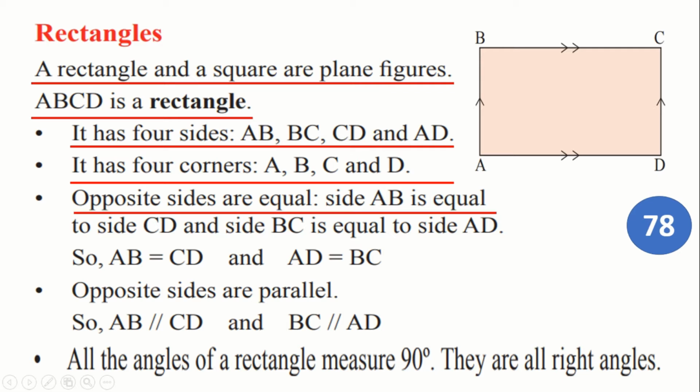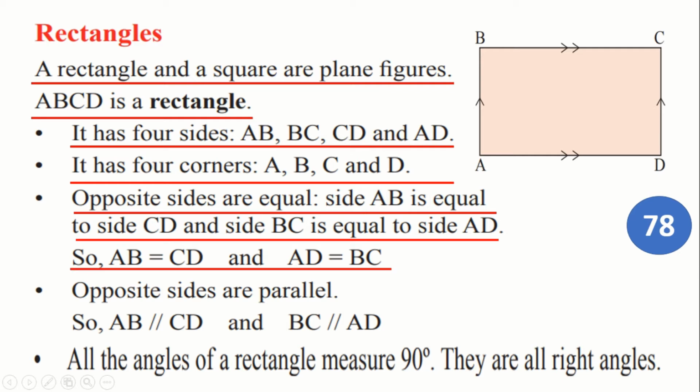Opposite sides are equal. Side AB is equal to side CD. They are parallel. AB is equal to CD, and here on the top, BC is equal to the opposite side, AD.